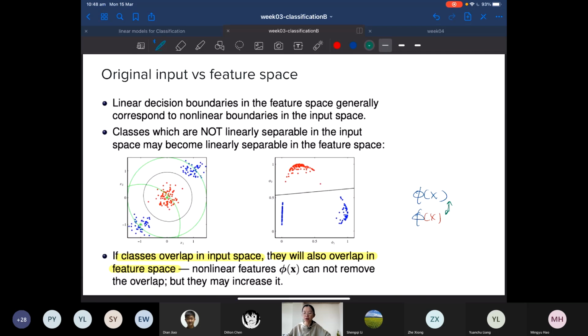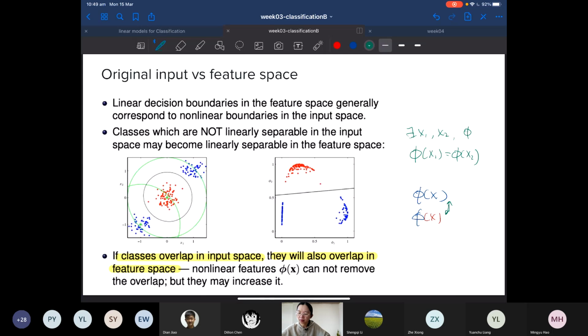Therefore, the bad news is that nonlinear transformations cannot remove class overlap. It can only make it worse. To see that, for some basis functions, there exist x1 and x2 such that phi of x1 might be equal to phi of x2.